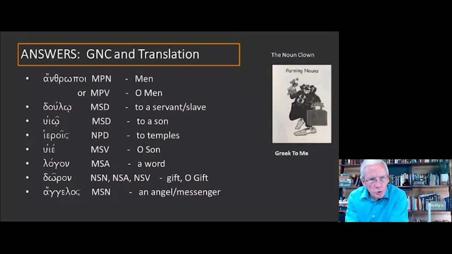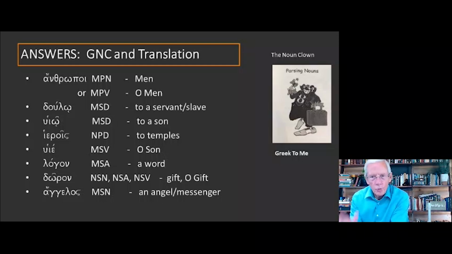The word doulo comes from doulos. That's a masculine word, isn't it? So this ending, omega with the iota subscript, masculine singular dative, to a servant or slave, or other prepositions in, with, by, or for. It would all depend on the sentence itself.